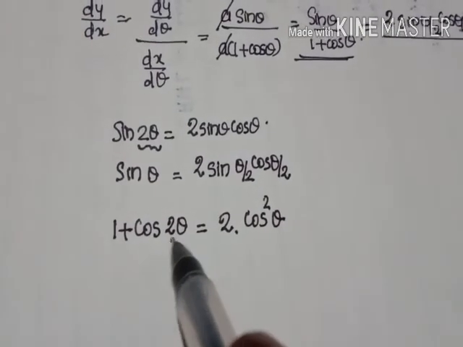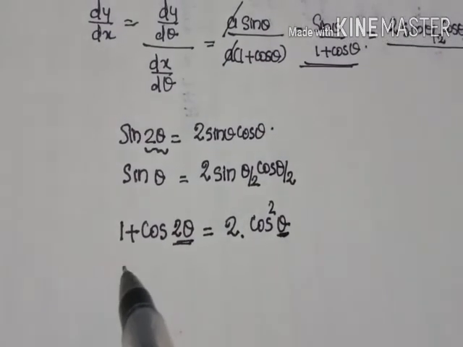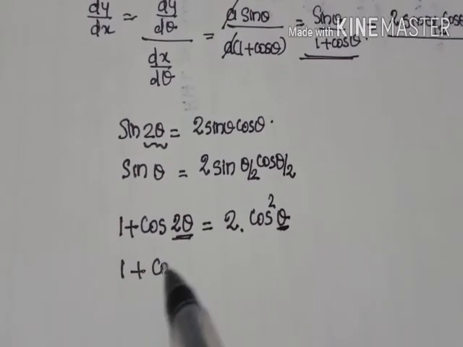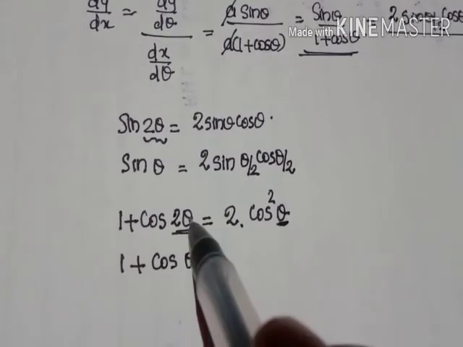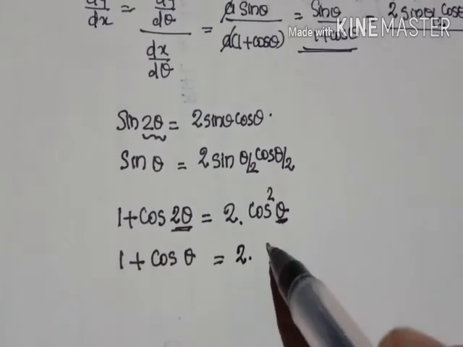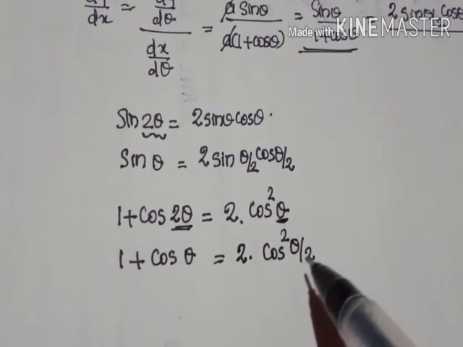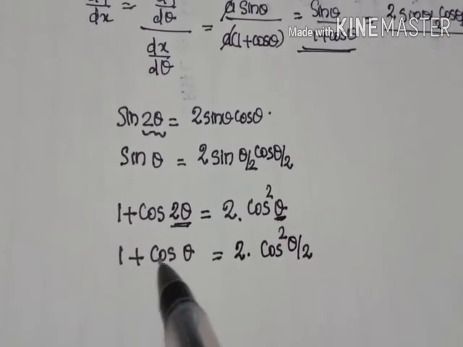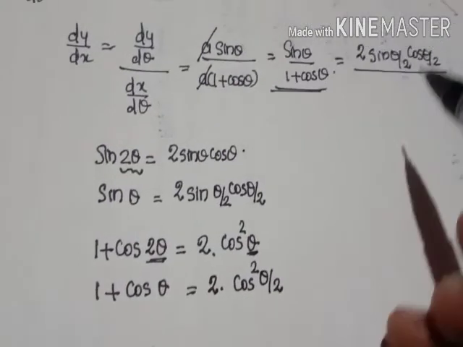When the angle is 2 theta, here it becomes half of the angle. So what is 1 plus cos theta? Compare with this result. 1 plus cos theta reduces to 2 into cos square theta by 2.